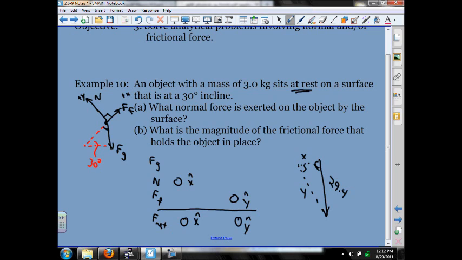Yeah, 60, right? Everybody see that? My incline is 30 degrees. This is the right angle right here. So that should be 60 degrees. So notice my x should be 29.4 times cosine 60.